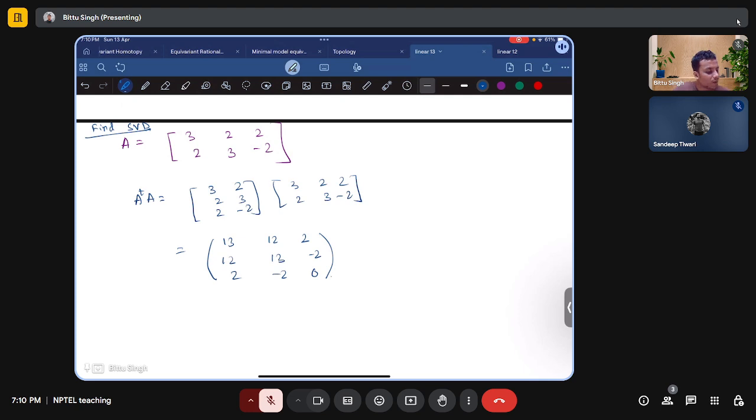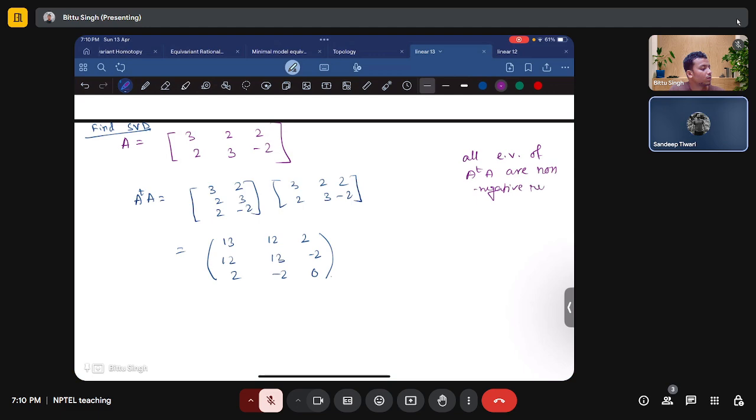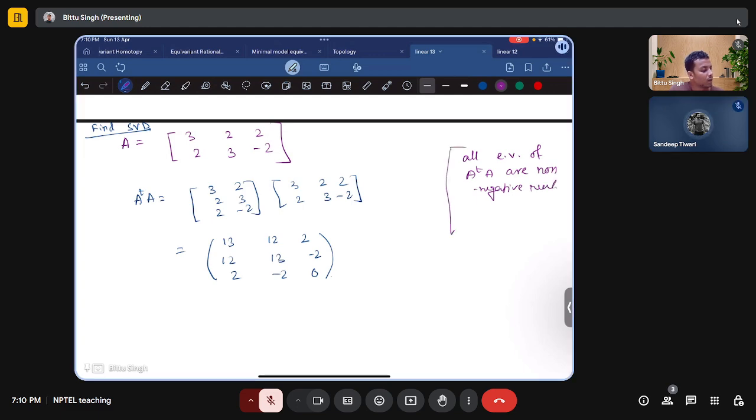An interesting property is that all eigenvalues of A transpose A are greater than or equal to 0, non-negative real. Can you see this fact?